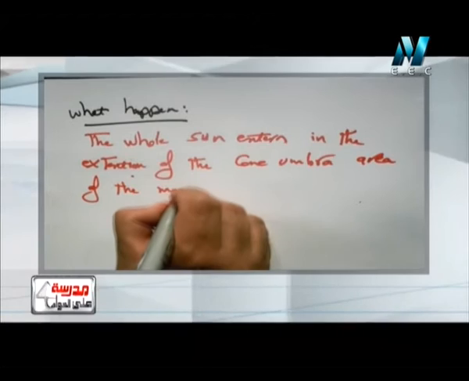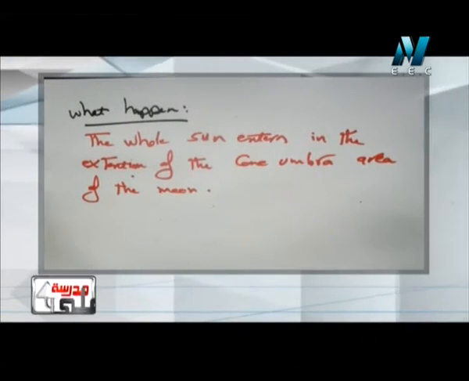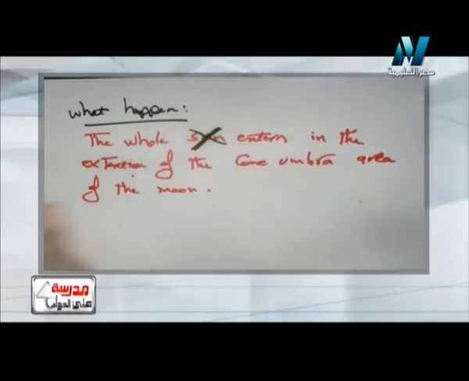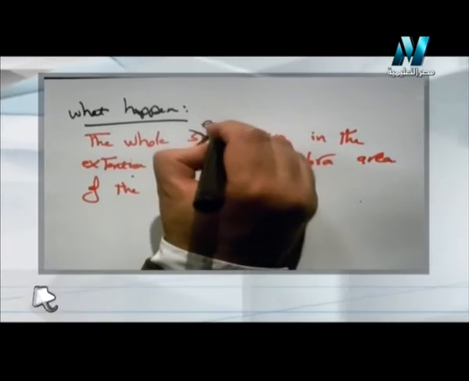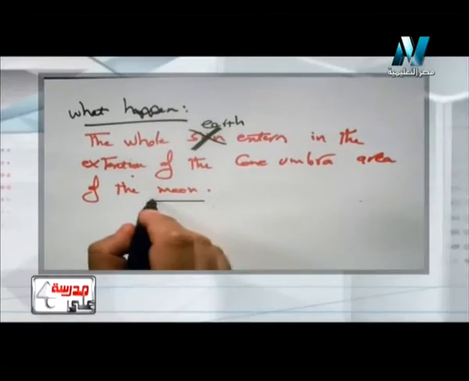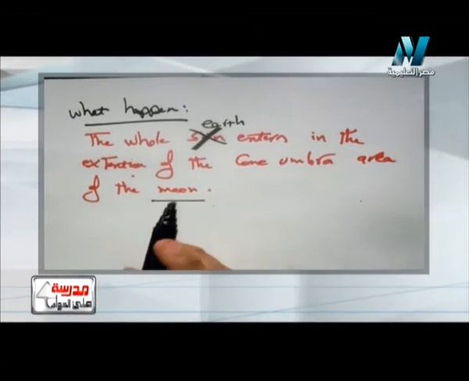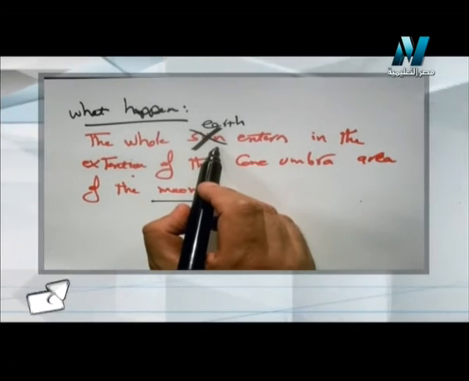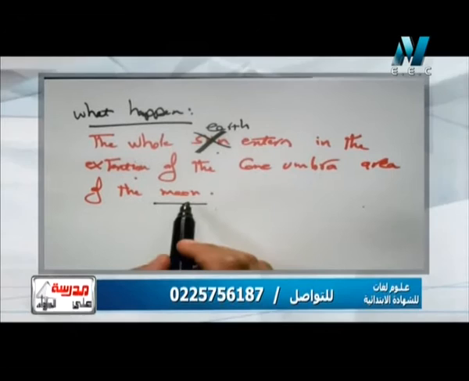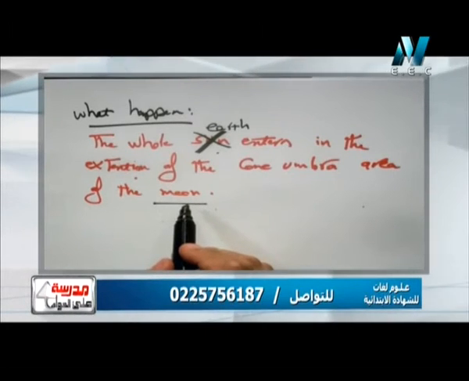The question must be converted. This is surely not the sun. It will be the earth, or it will be the moon, and this will be the earth. If the first word sun will be replaced by the earth, and the last word moon will be replaced by the earth.